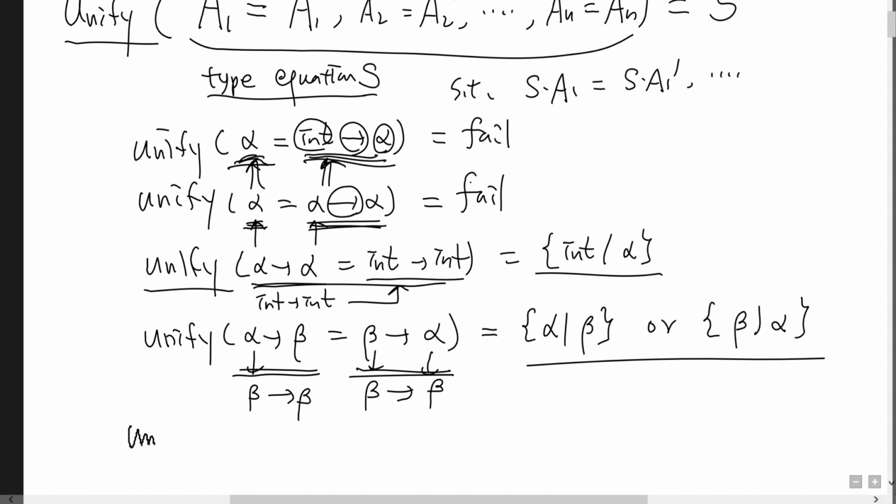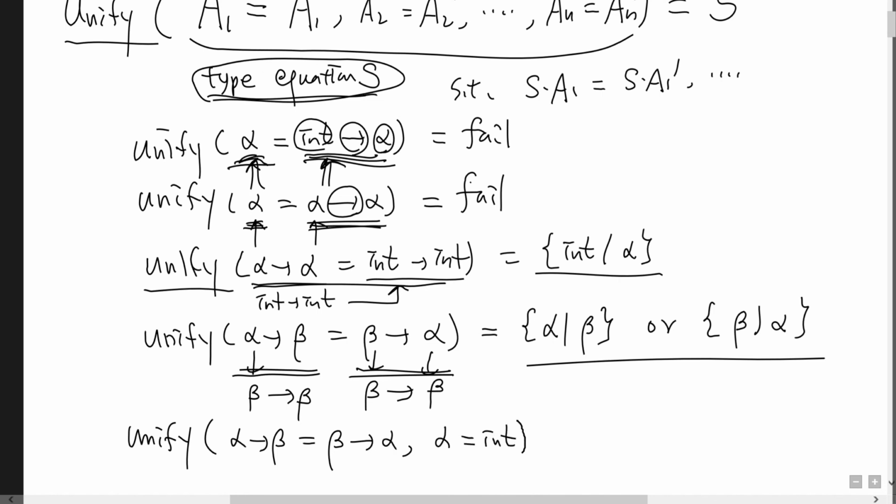The last example illustrates that this unification algorithm can take, in general, a set of type equations, not a single type equation. For example, alpha arrow beta equals beta arrow alpha, and alpha equals int. This is the first type equation, and this is the second, so unify takes two type equations as input.